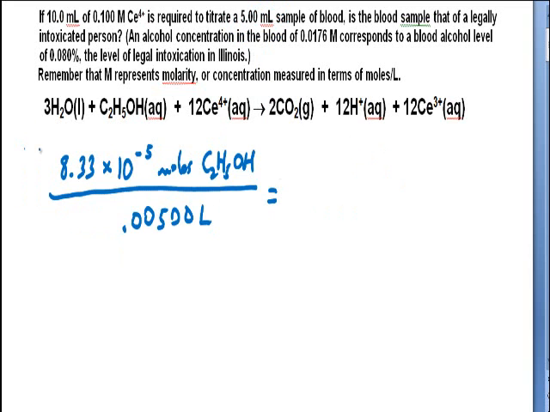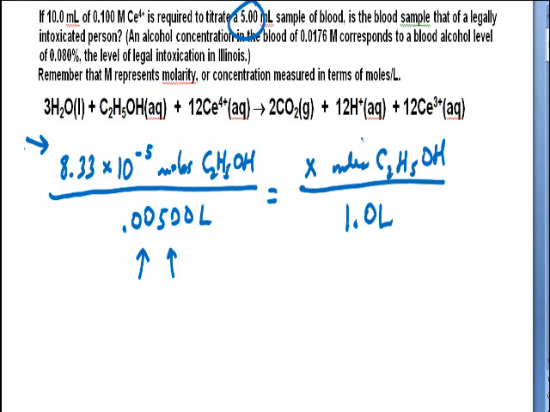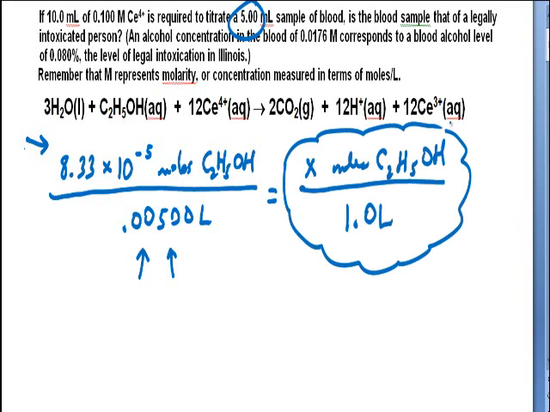The information we have so far are the number of moles of alcohol and our volume, the 5 milliliters, which is converted to liters, 0.005 liters. We know we have 8.33 times 10 to the negative fifth moles of alcohol present in our 5 milliliter or 0.005 liter sample of blood. This would be the same as, in a proportion, X moles of alcohol present in 1 liter of solution. Once we have it in terms of moles per liter, this would be our concentration or molarity of the alcohol in the blood.